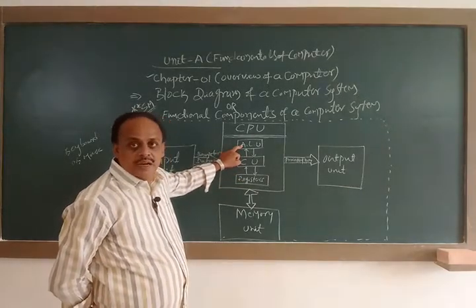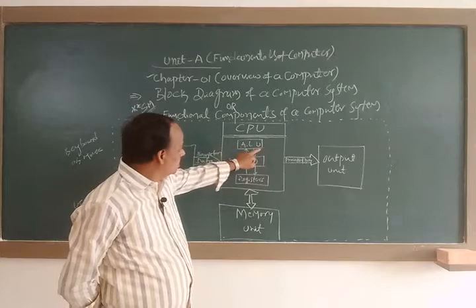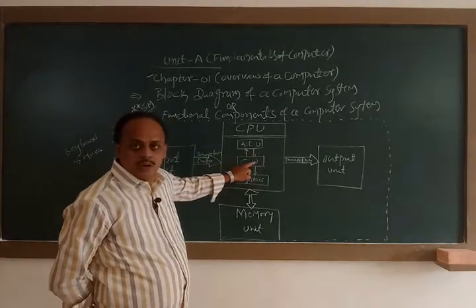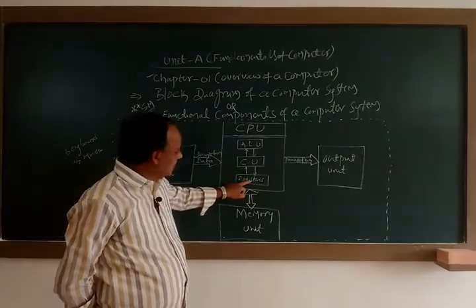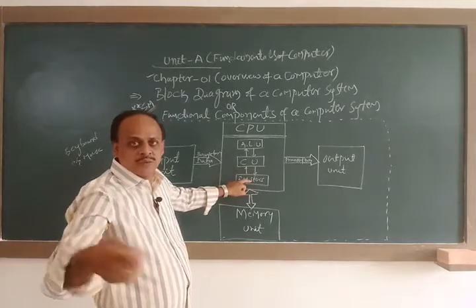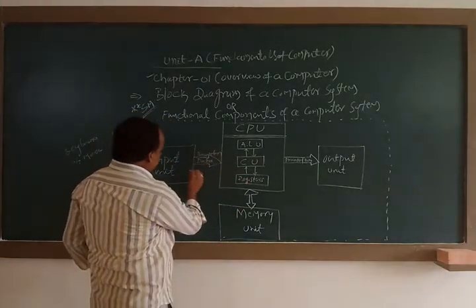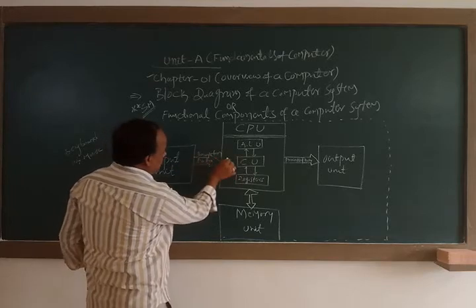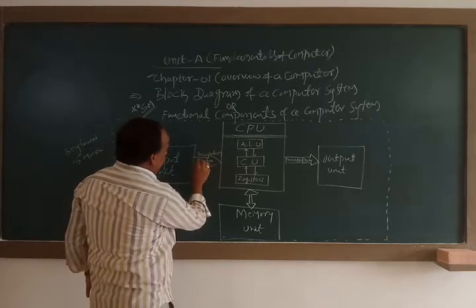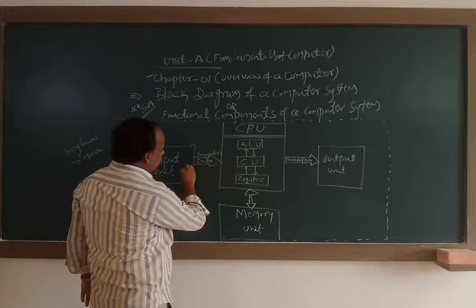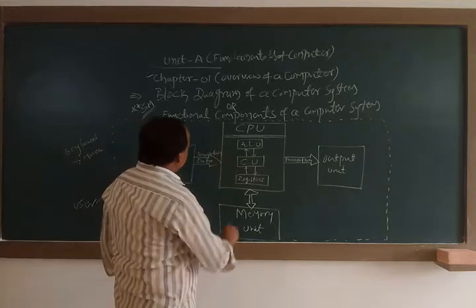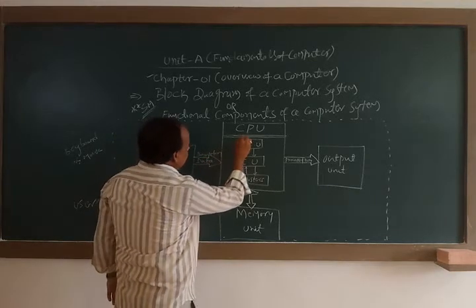ALU stands for arithmetical and logical unit. CU stands for control unit. These are the registers. I am going to tell you what is meant by registers. Okay, so now data is in binary form. From the input unit to the CPU, data is transferred. It is transferred from user entered form to binary form. Now binary form data is available in the CPU.